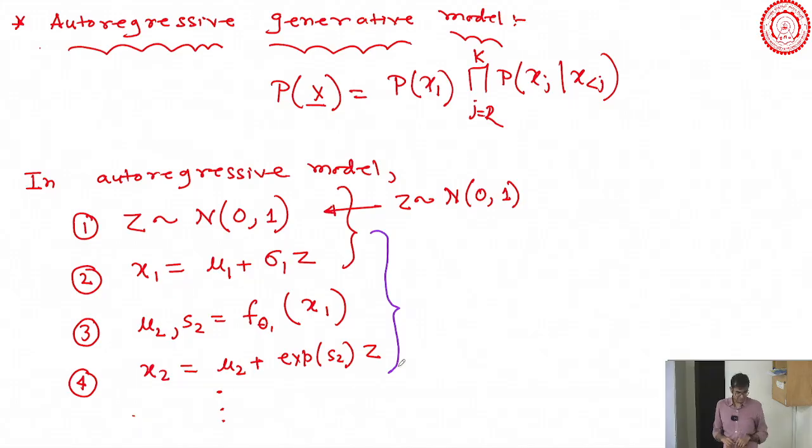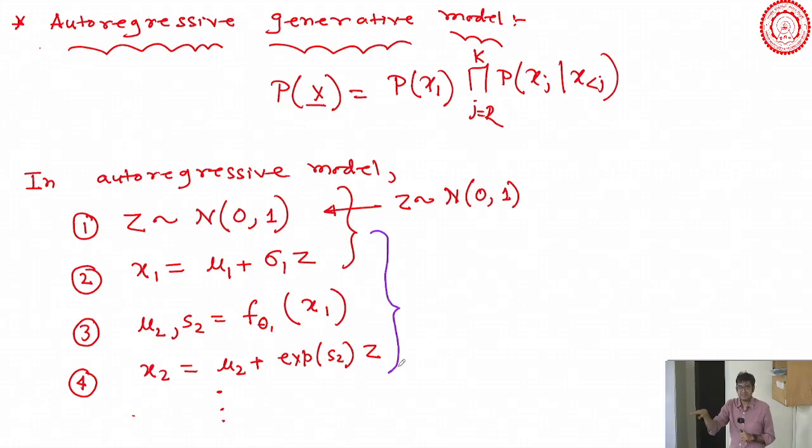It is invertible if you see, if I know x2, I can find out z. It's the same affine coupling, same thing. Given you know mu2 and s2, and mu2 and s2 are actually parameterized by theta. So if I somehow know mu2 and s2, then this is exactly same as the affine coupling layer.